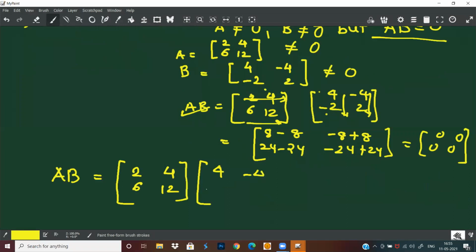Shreya just wants to see how I multiplied, so I'm showing you. You know what? When I'm multiplying matrix A by matrix B, I cannot change the order. I have to write A first, then B. Sushant, can you hear me?